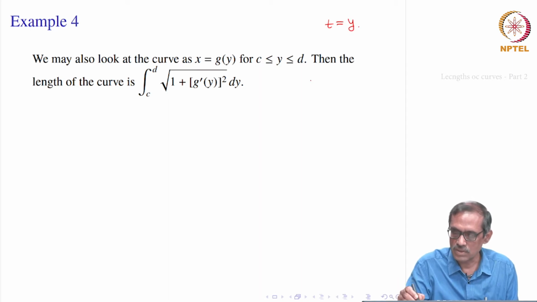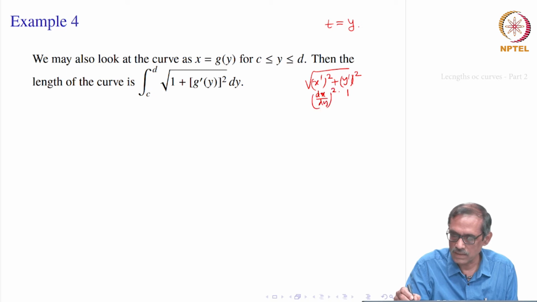In that case, we have the square root of x prime square, where prime is with respect to t, plus y prime square. Now y is t itself, so this becomes 1, and x is a function of t, which is y. So this will be dx by dy square.